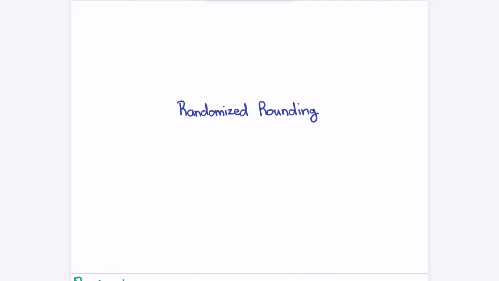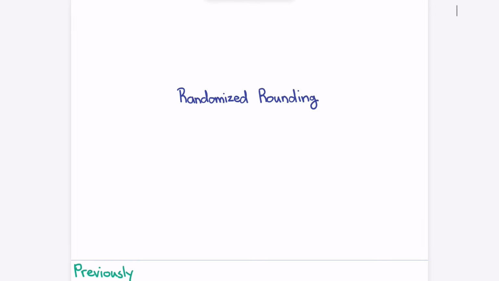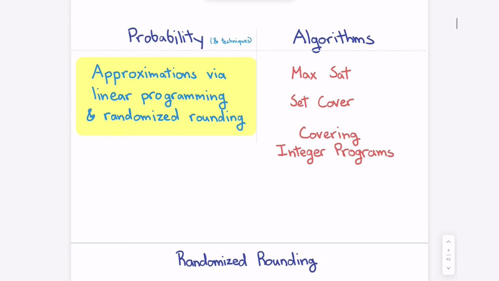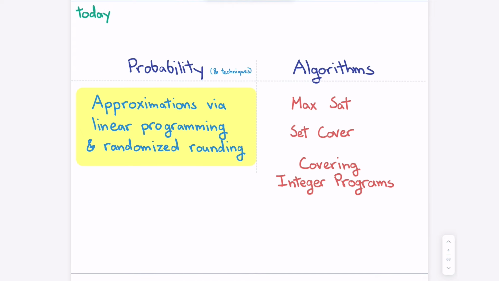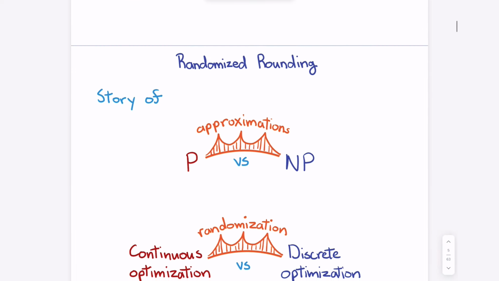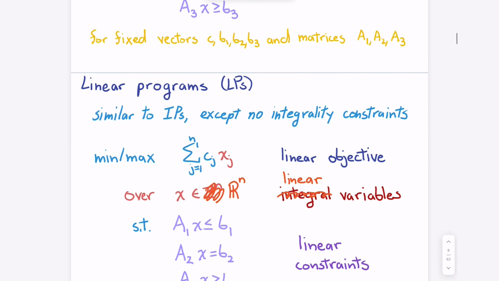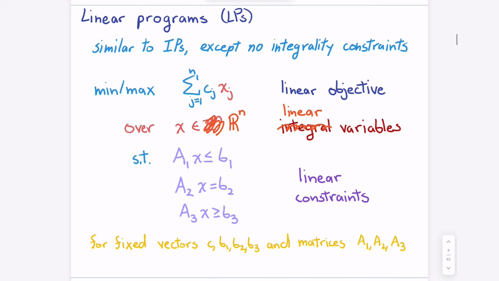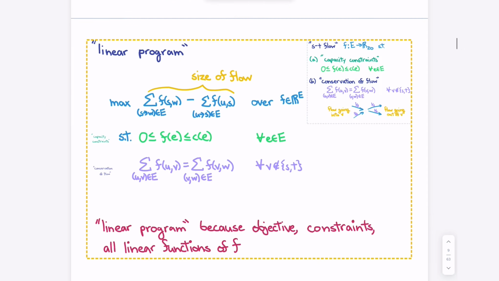Okay, so let me just remind us of the high-level overview of this lecture. We talked a little bit about linear programming as this polynomial time oracle, using randomized rounding to get the discrete solutions we want. Linear programs are just simple problems that look like this.